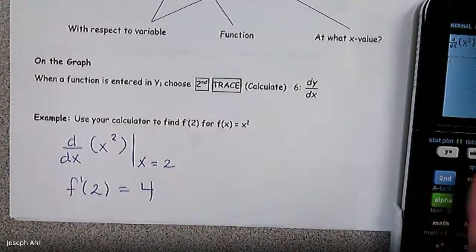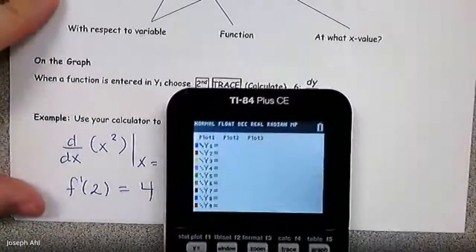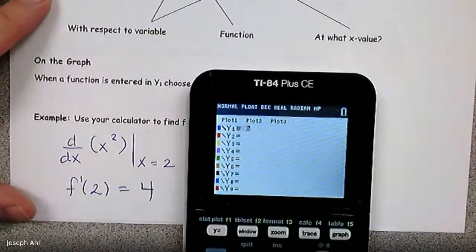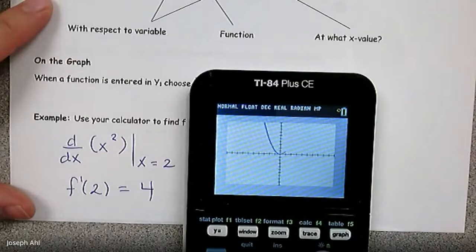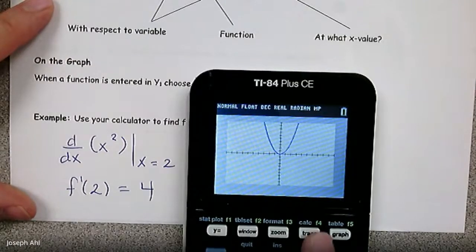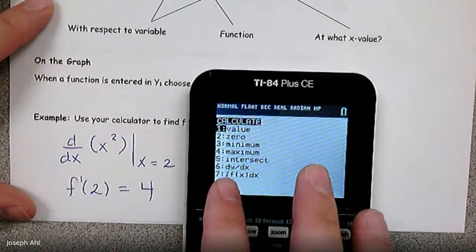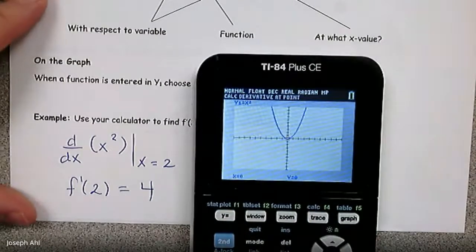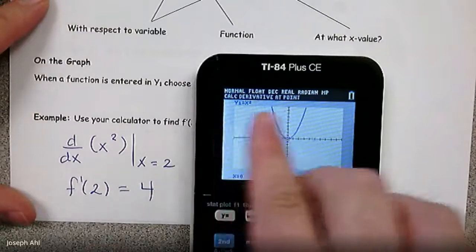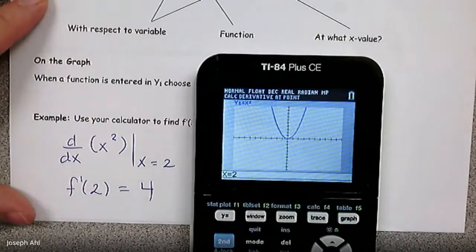All right, the other way that I said to do it is if we go to y equals for a second and type in y equals x squared as our function, and we go to the graph, we can do second trace, calculate option 6, dy/dx. It says calculate derivative at point x equals 2.